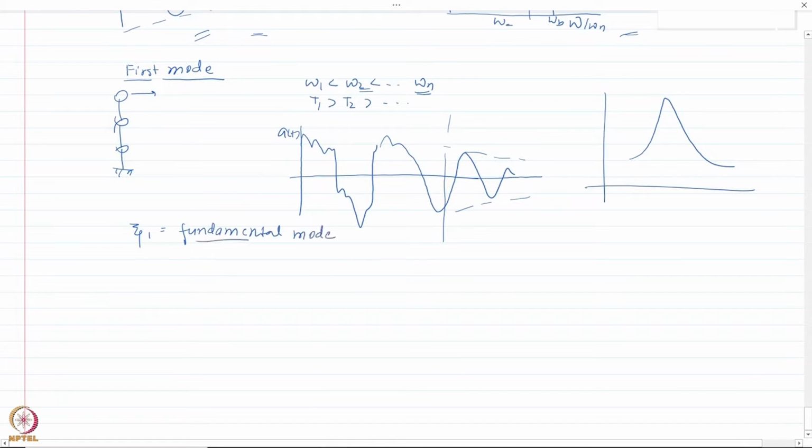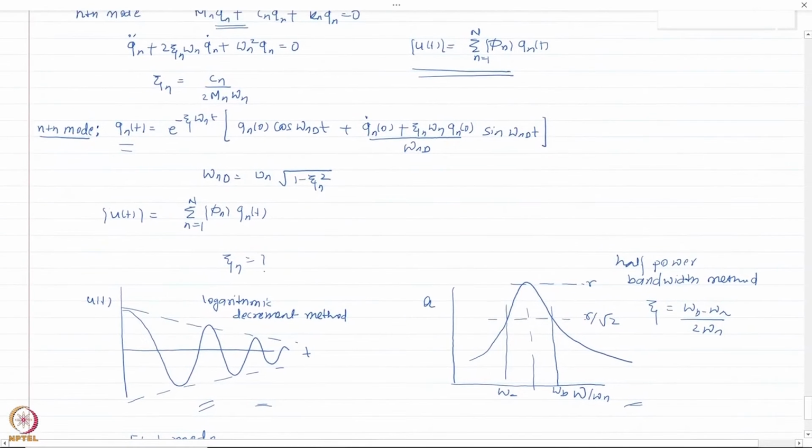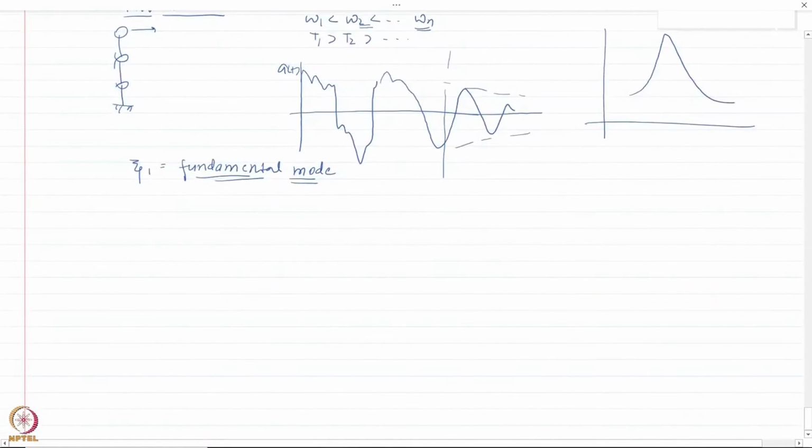We can find this, but if we need the total response, then we need the damping value for each and every mode. How do we get that? We cannot simply assume it to be 0. The only information we have is the damping from the experiment, maybe for the first mode.